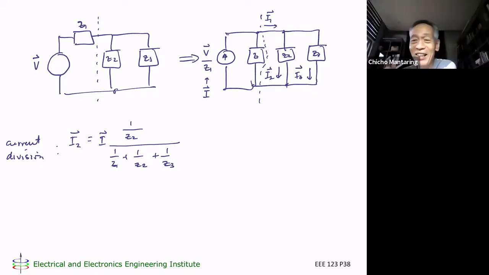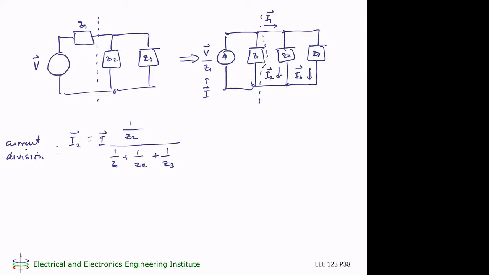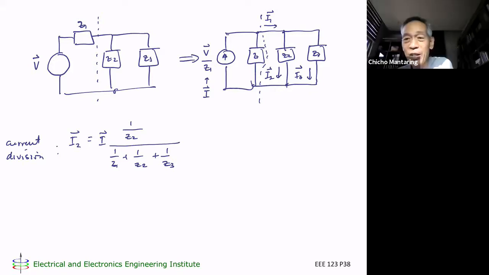Yung special case ng current division is pag dalawa, di ba? Pero pag madami na siya, the current will divide according to the admittance, no? Kung resistive siya, the current will divide according to the conductance. So dito according to the admittance, no?